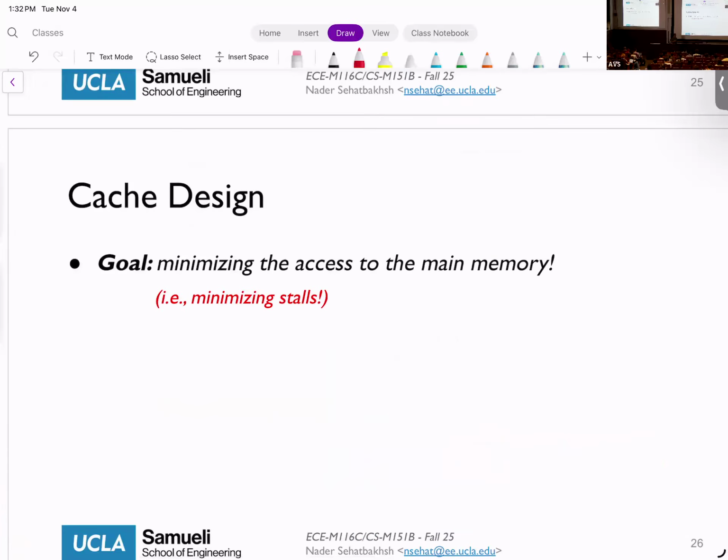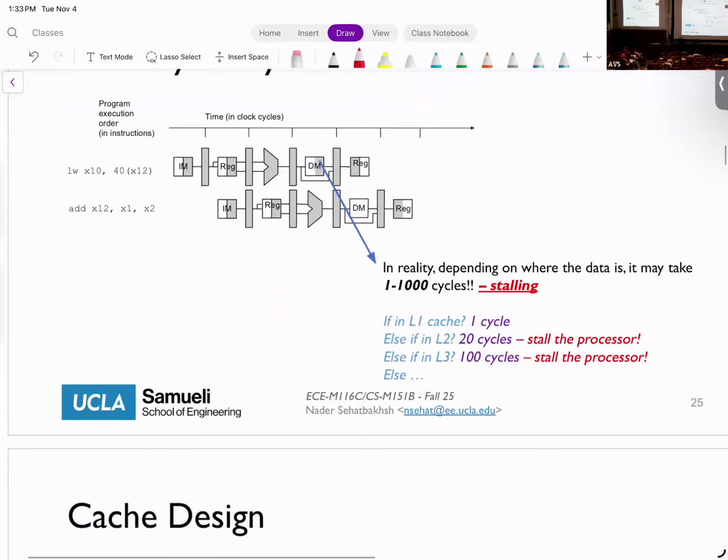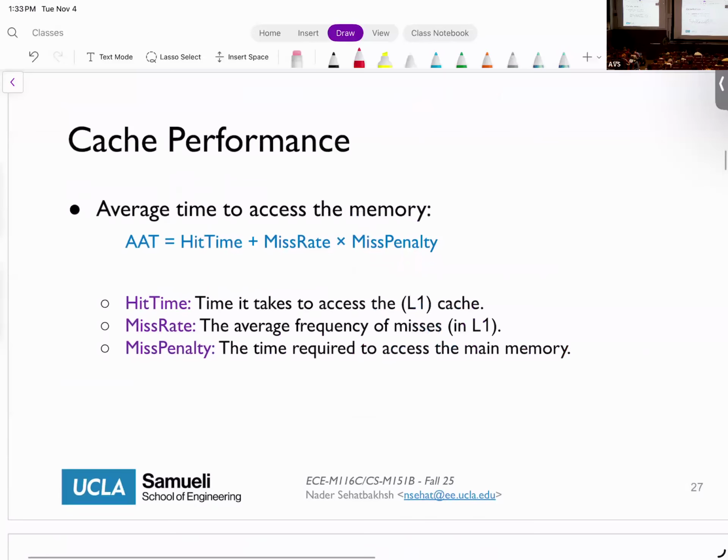So what are we trying to do? We are trying to minimize this amount of stalling. In an ideal world, we want a system where we put in the address and boom, we get our data. That's what we want to achieve in a cache design. How do we measure that? This is measured by a formula called average access time to the memory.